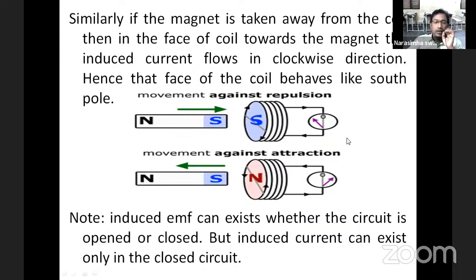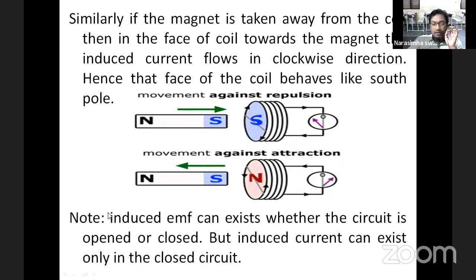Okay, so these are the terms you should understand here. Induced EMF can exist whether the circuit is open or closed, but induced current can exist only in a closed circuit. So we should understand what EMF is and what current is.